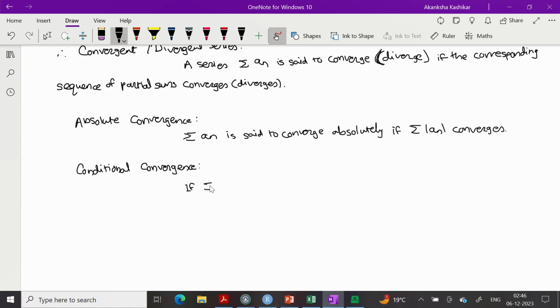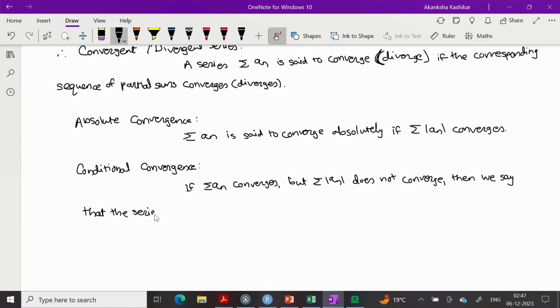So, if summation a_n converges, but summation mod a_n does not converge, then we say that the series converges only conditionally.